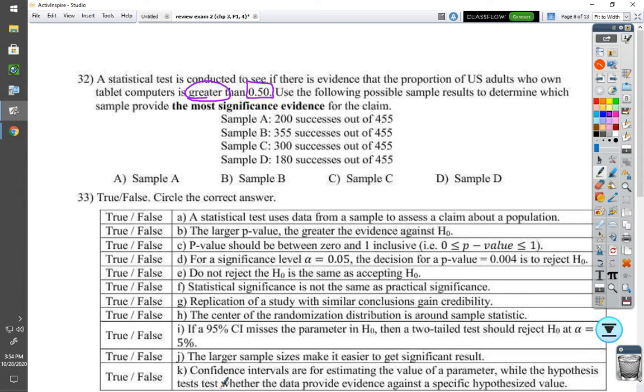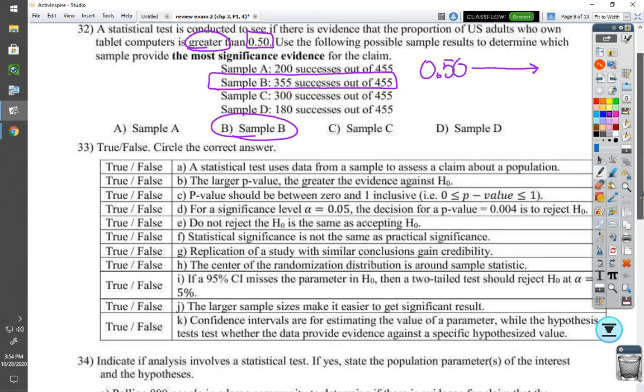Well, the one that's going to give us the highest number over 0.5. Because remember, what we're trying to find is things that are very far away this way. That's going to be the one with the highest count, and the highest count is going to provide the highest proportion, and we are going to get sample B. If we were on a left tail test, we would look for the smallest value.